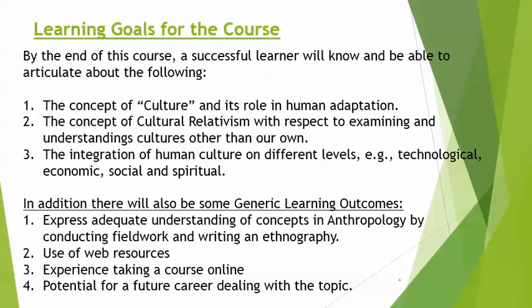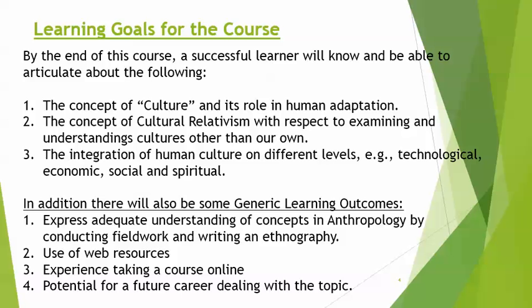Now, the learning goals for the course. By the end of this course, a successful learner will know and be able to articulate about the following: the concept of culture and its role in human adaptation, the concept of cultural relativism with respect to examining and understanding cultures other than our own, and the integration of human culture on different levels: technological, economic, social, and spiritual.